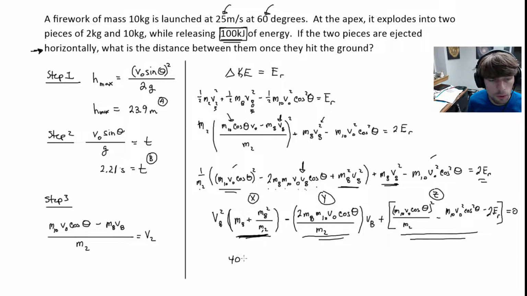This next one, let's go ahead and hack that out. So I have 2 times 8 times 10 times 25 times cosine of 60, and that whole rigmarole is divided by 2.